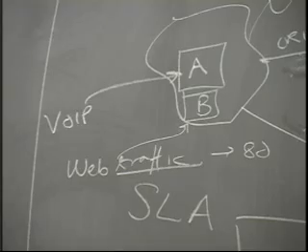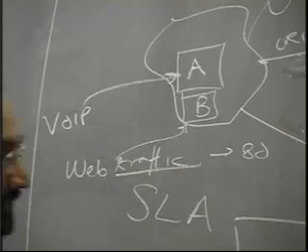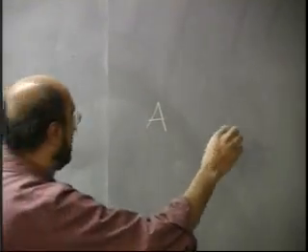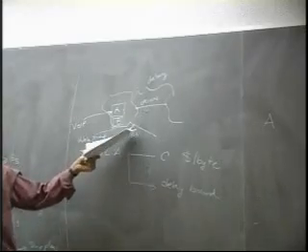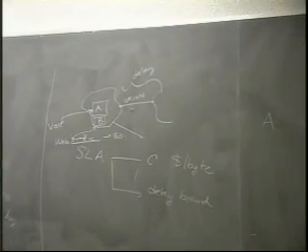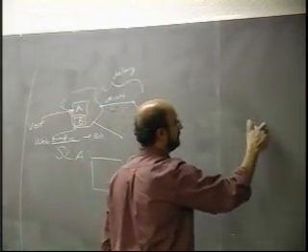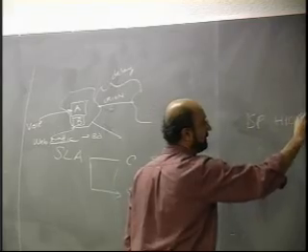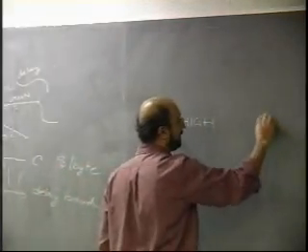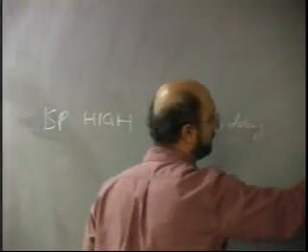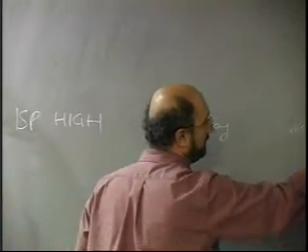All right. Now, let me step back a minute. We have these two ISPs over here, and let's call them high and low. ISP high gives you a low delay and a high cost, high dollars per byte.